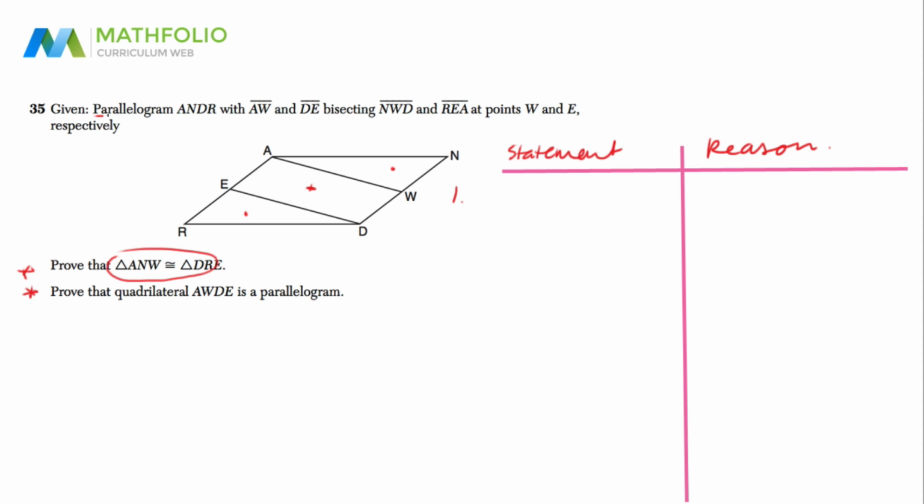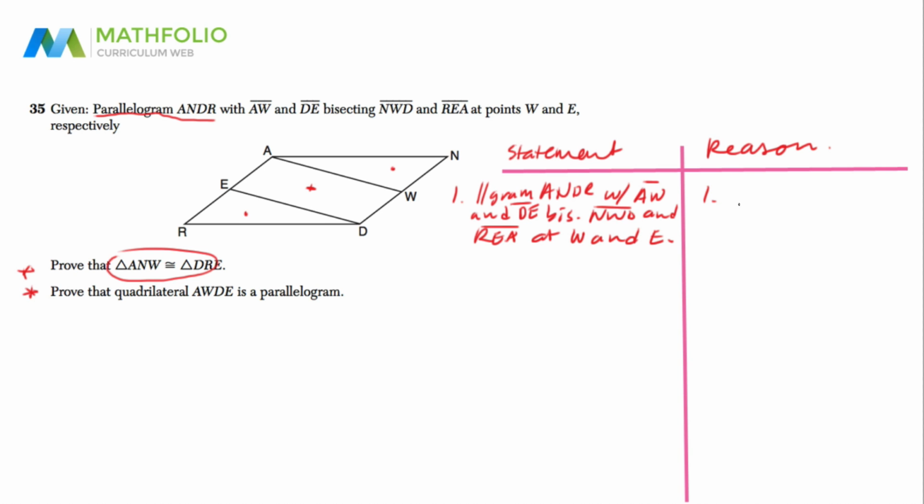The first thing that we're given is all of this stuff. So I'm going to write it just because we're given that. So parallelogram, I'm going to shorten it, parallelogram ANDR with line segments AW and DE bisecting angles NWD and REA at W and E. Reason?